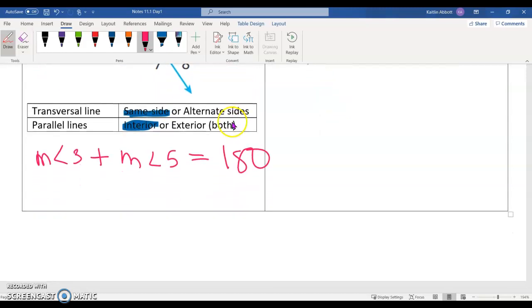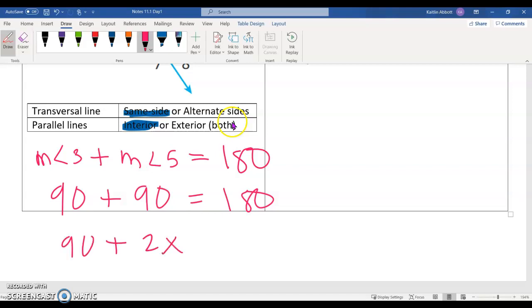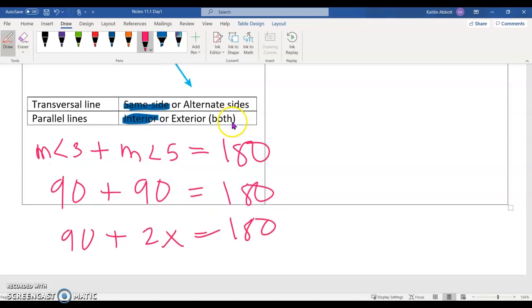And for an example, because I have 45 seconds, so if it was quickly 90 plus 90 equals 180, right? Or it could be 90 plus 2x equals 180, and then we have to find the answer for x.